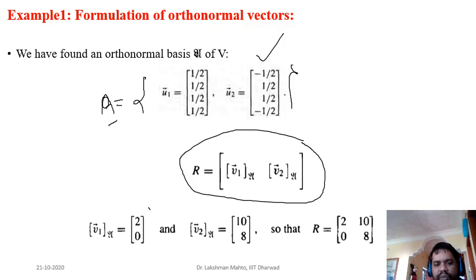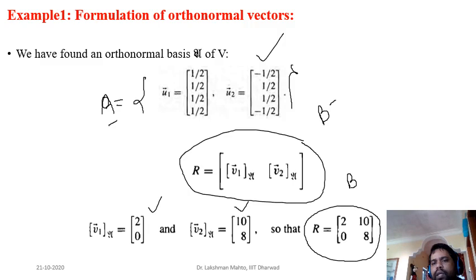Taking this one as the first column and this one as the second column, we can express that this is the change of basis matrix from the given non-standard basis B, having basis elements V1 and V2. After applying the orthogonal projection construction process, we come across a new basis that we call A, containing orthonormal vectors u1 and u2.